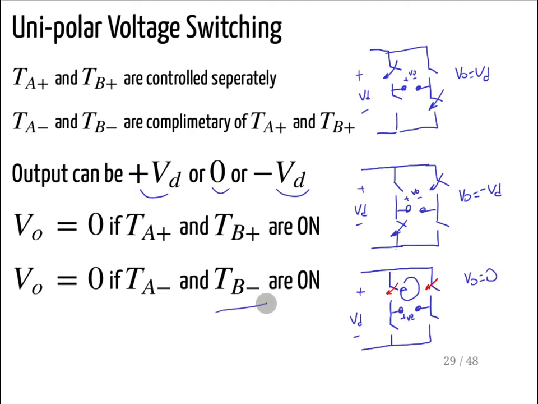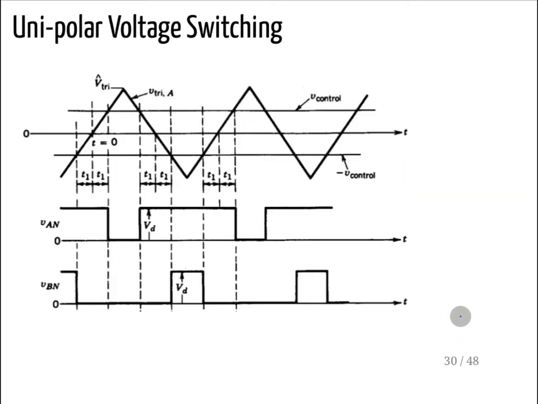Or similarly, when it is symmetrical, you can close that one, so we'll have a loop here, and in this case VO will be equal to 0. So I can generate VD, I can generate minus VD, and I have 2 ways to generate 0 voltage. I can generate 0 voltage as well.